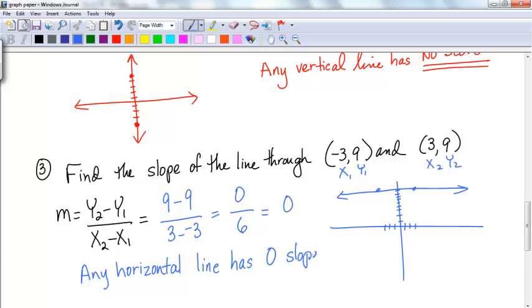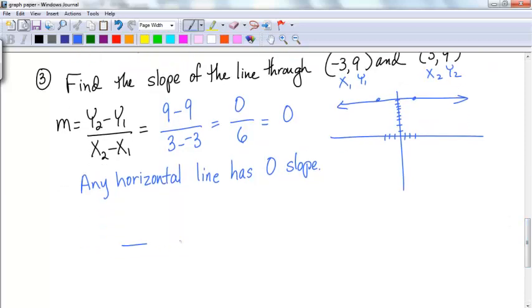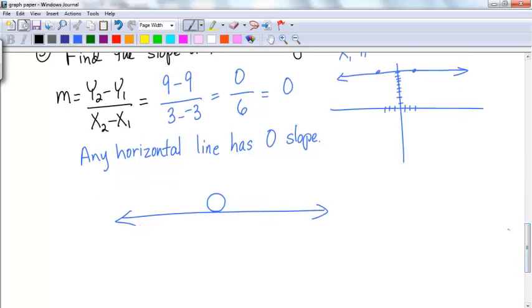And I always tell people the easiest way to remember the difference between no slope and 0 slope is if you think about the horizon and think about the sun on the horizon, a horizontal line always has 0 slope. That'll help you remember it. Okay? So vertical line's no slope, horizontal line 0 slope, and you don't have to use those equations if you already know the cases.